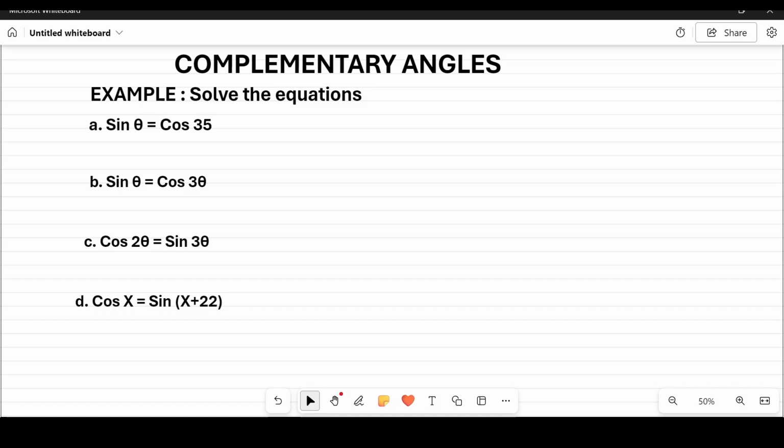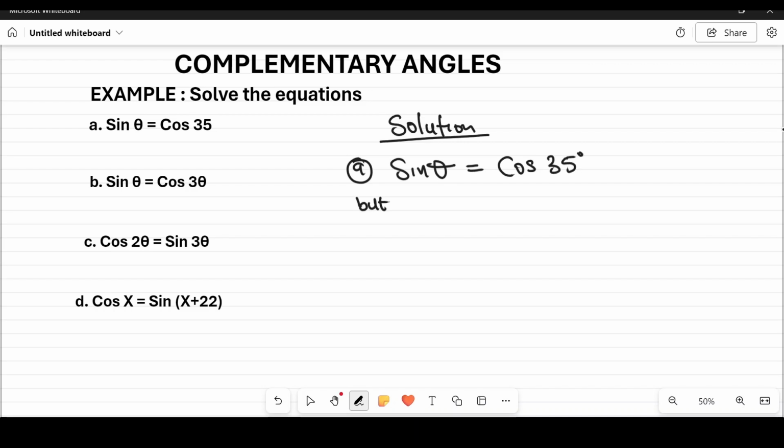So we are given this example to solve on complementary angles. The first we have is that sine theta is equal to cos 35 degrees. But we have established that sine theta is equal to cos of 90 minus theta.